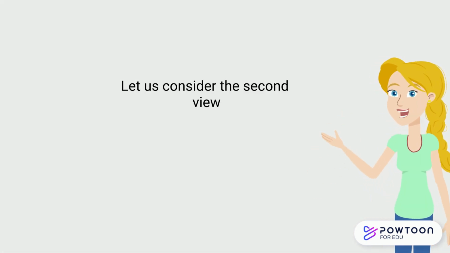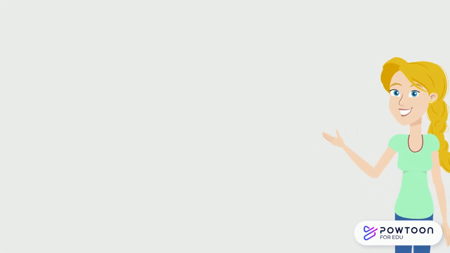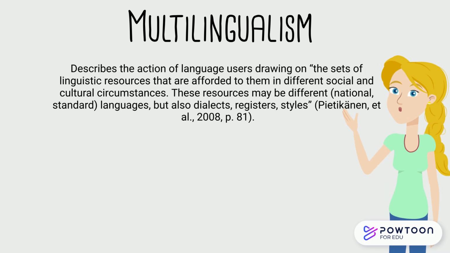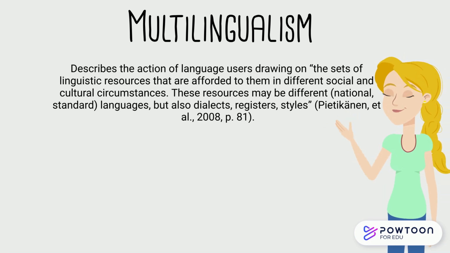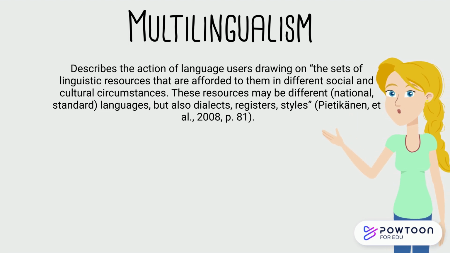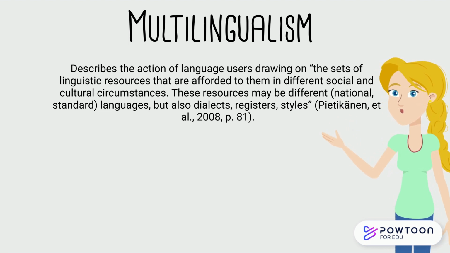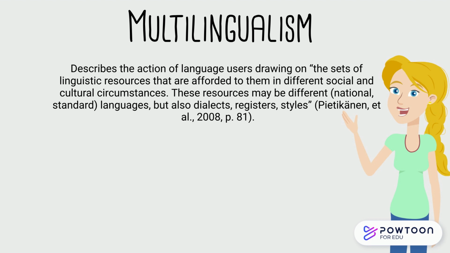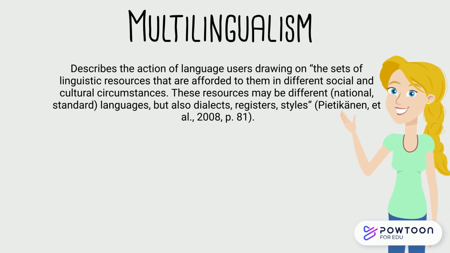Let us consider the second view. For others, or in other contexts, multilingualism, individual multilingualism that is, describes the action of language users drawing on the sets of linguistic resources that are afforded to them in different social and cultural circumstances. These resources may be different national or standard languages, but also dialects, registers, and styles.